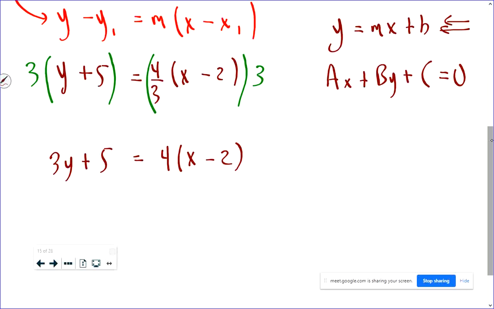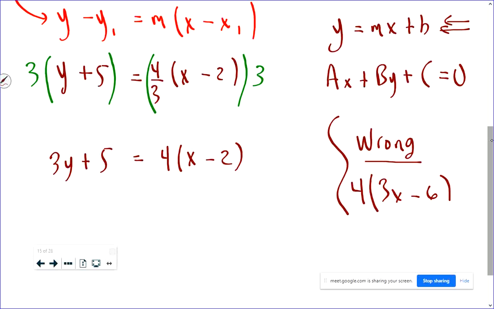A common mistake that I've seen people make here, and I hope that nobody watching or in the room makes this, but if it makes sense to you, then you need to understand it's wrong, is to write, instead of 4 times x minus 2, 4 times 3x minus 6.